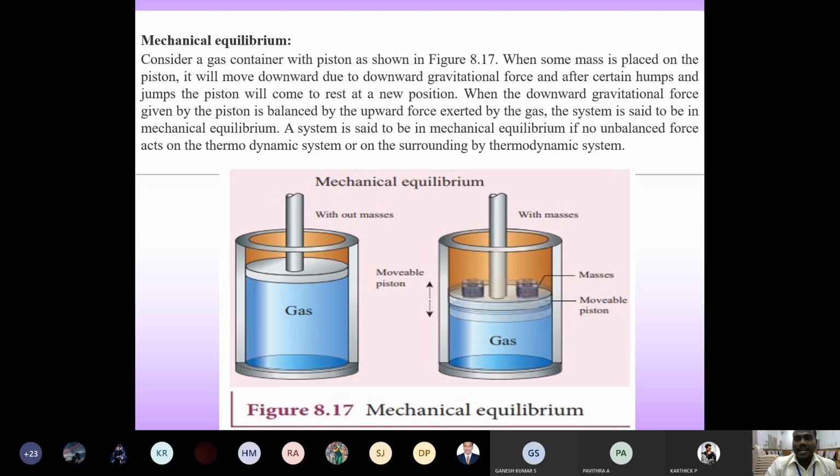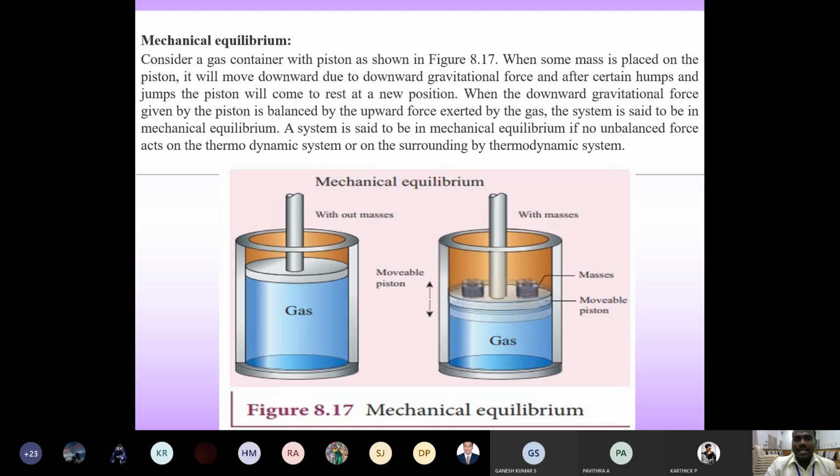And after some oscillations, the piston comes to rest at a new position. So after adding the 5 kg weight, it comes down and reaches a stable position, right? This happens when the downward gravitational force on the piston is balanced by the upward force exerted by the gas.